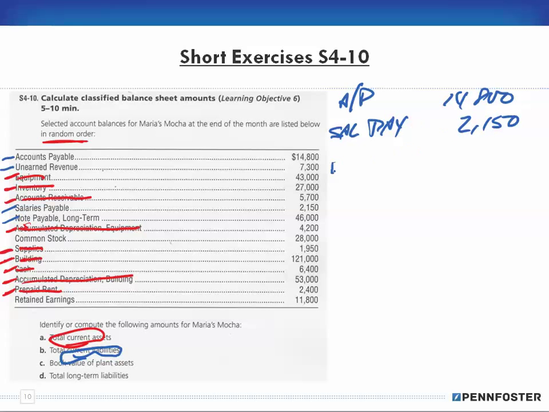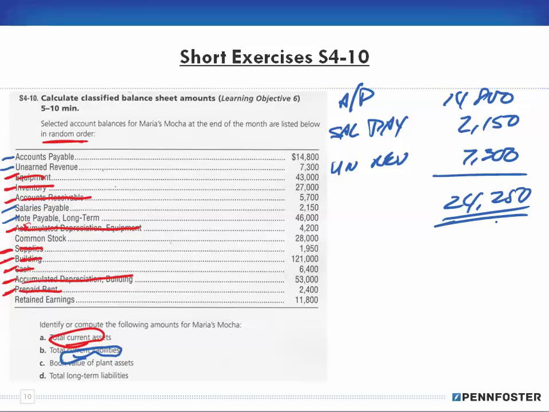And then next, unearned revenue would be 7,300. Okay, so those are current. Note payable long term is not current. That's long term. So the total of those ends up being $24,250. So that's the total current liabilities.